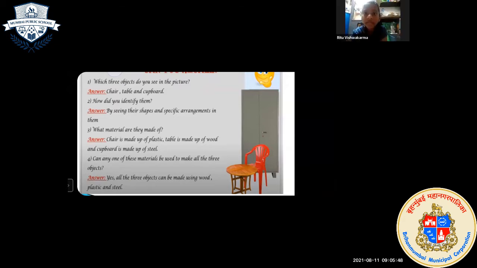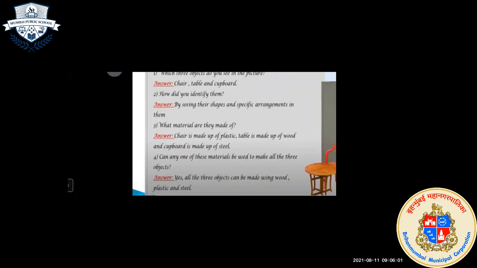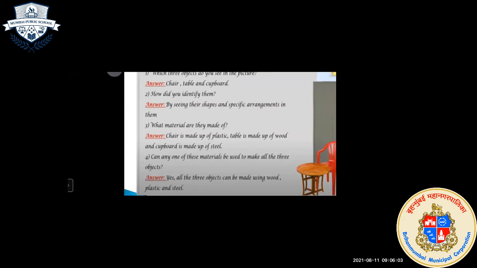Now, in this picture, we have chair, table and cupboard. My next question is, how do you identify them? How do you come to know that this is a table, chair and cupboard?